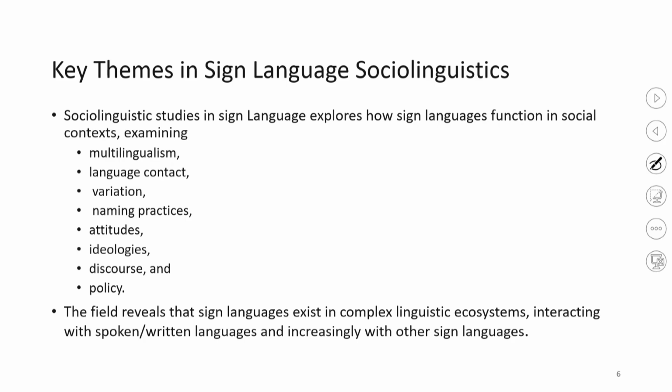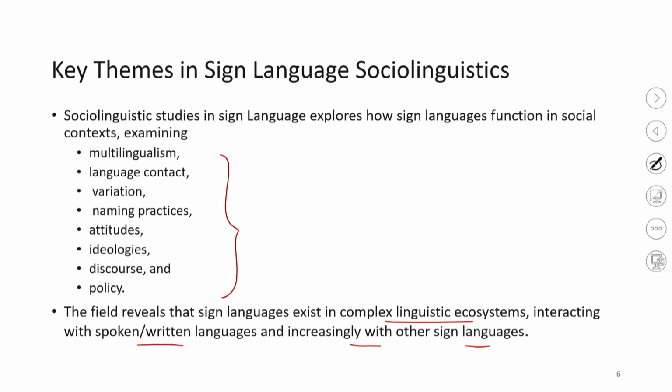So, multilingualism, language contact, variation, naming practice, attitude, all of these are what we study in the case of sociolinguistics of sign language as well. The typical patterns, discourse, ideology, attitude, all of that. The field reveals that sign languages exist in a complex linguistic ecosystem interacting with spoken, written languages and increasingly with other sign languages.